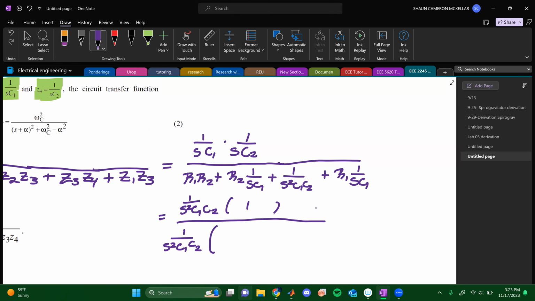Here I have the 1 over S squared C1 C2 term, so that will just become 1, plus I'm going to have an R1. If I pull an S out, one second, I'm kind of confusing myself.